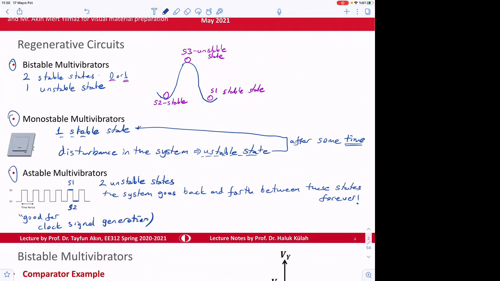So like this is maybe for alarm circuits. These are for clock signal generation.